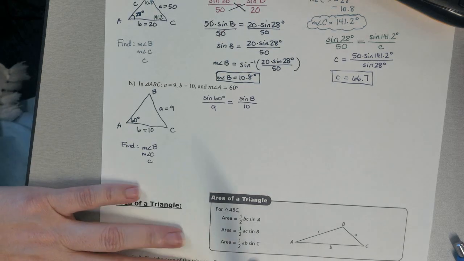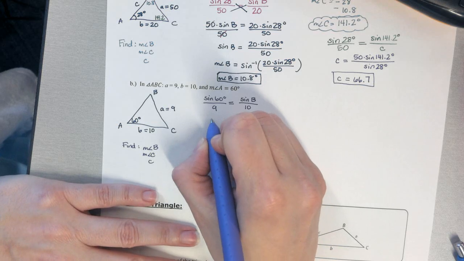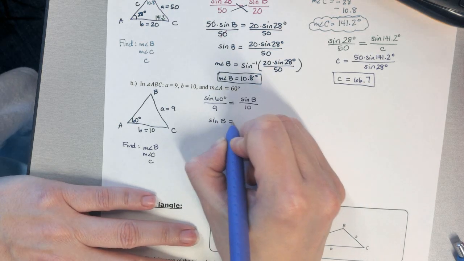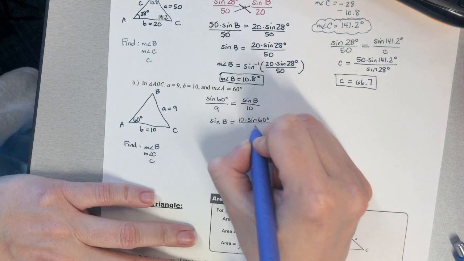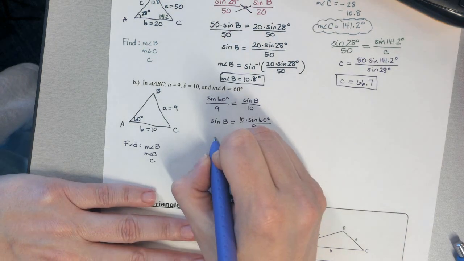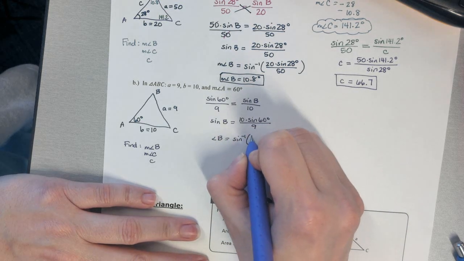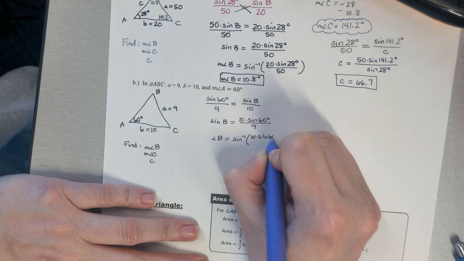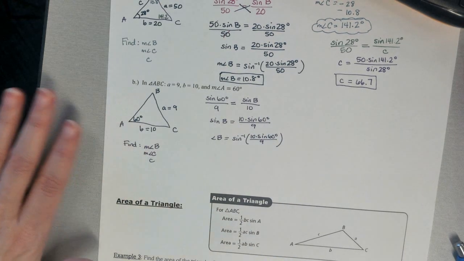Okay, and then from here, if I cross multiply, it's perfectly fine if you skip here. The sine of B is 10 times the sine of 60 degrees divided by 9. And then angle B is the sine inverse of this entire expression, technically.